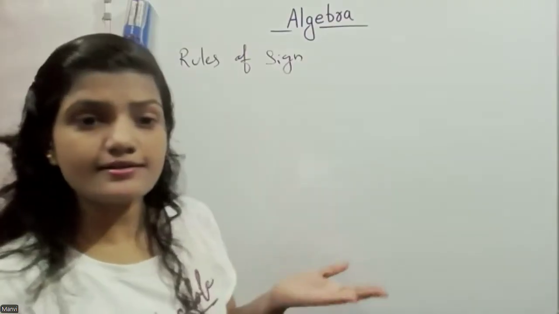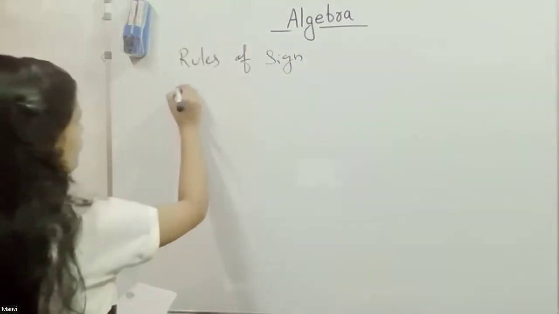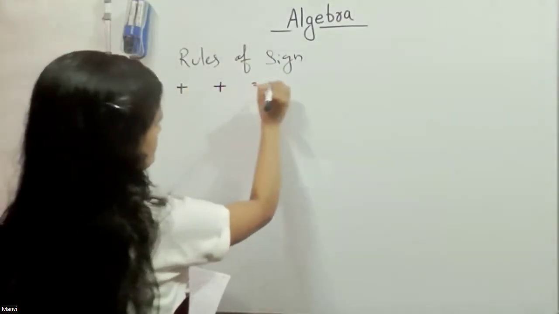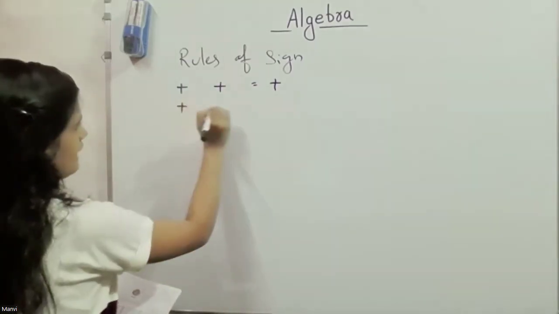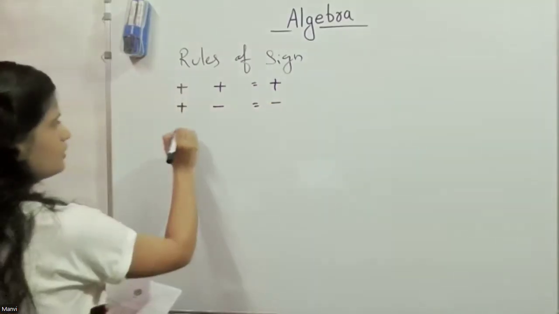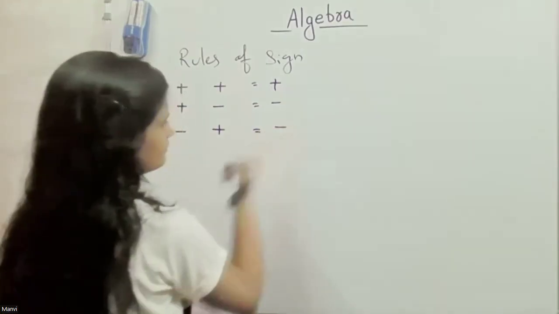The sign is either plus or minus, right? So when we have one positive, then one more positive, it is positive. One positive and one negative, it must be negative. One negative and then positive, it is negative.